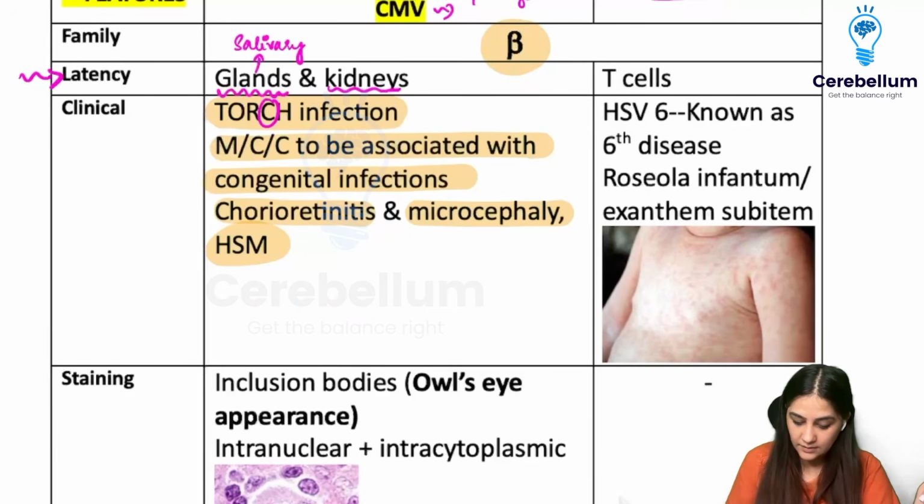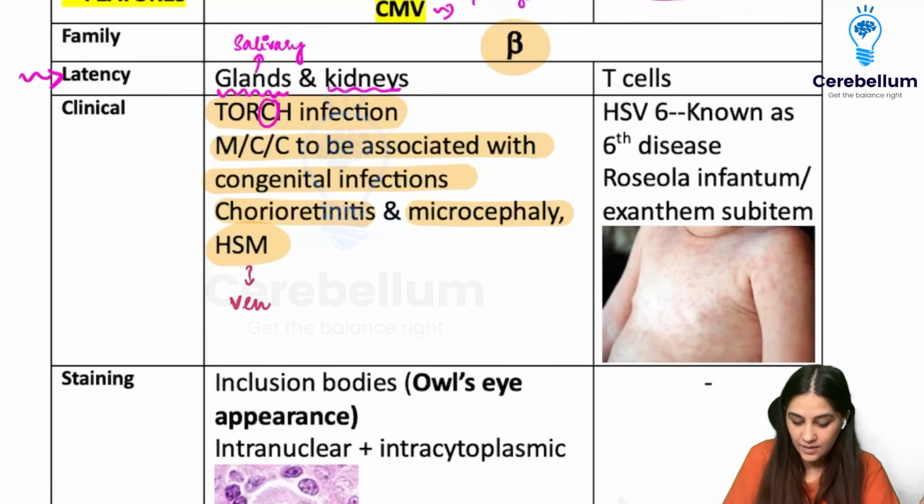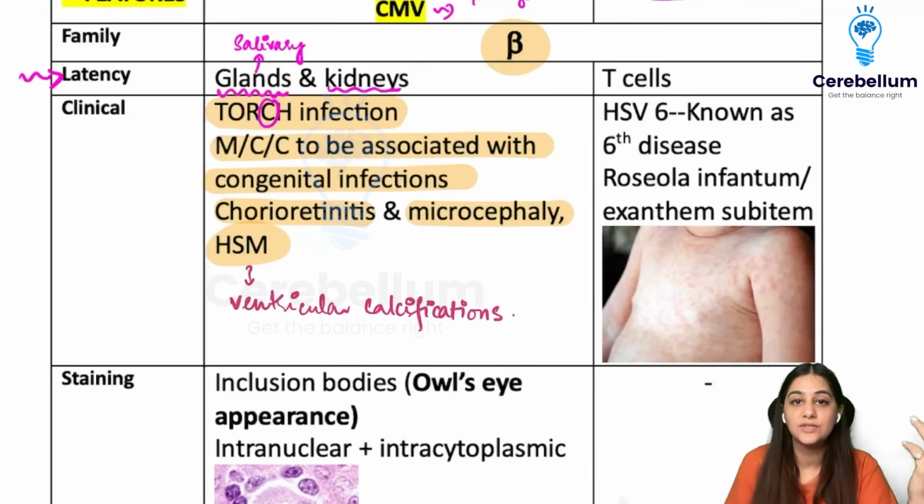Another thing that I want you to remember is that this also causes calcifications, and they are ventricular calcifications, right? So CMV causes ventricular calcifications in the brain, right?